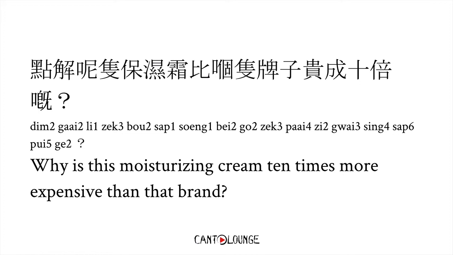So you might see here, why is 保濕霜 paired with 隻? Shouldn't it be 個? Well, you're right. It should be 個, or 支 if you want to talk about a bottle of something. But 隻 actually refers to a particular brand.